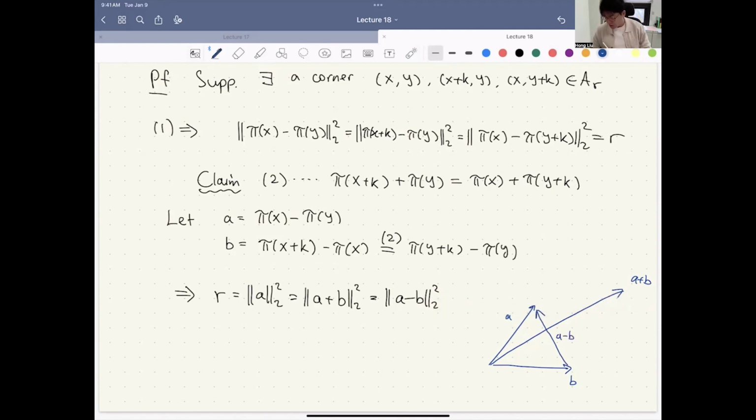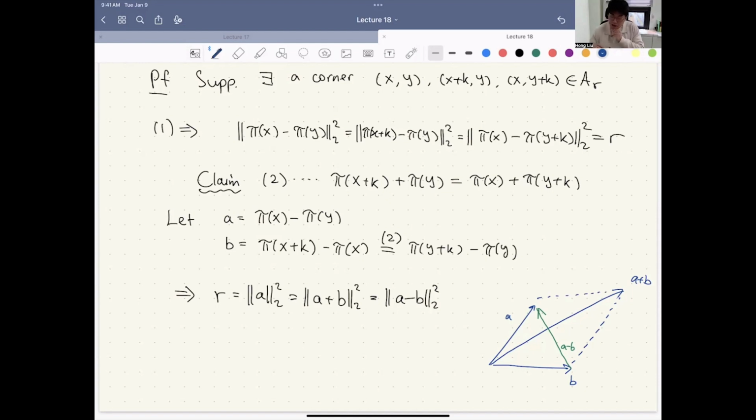Maybe let me use a different color. This is A minus B. This drawing is really bad, but you know what I mean.